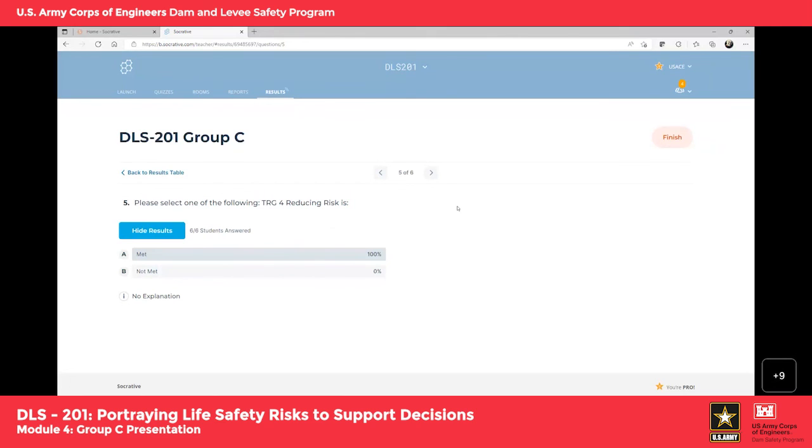Okay. So this one's a little bit interesting, though, because we've effectively said in TRG1 that they haven't reduced risks as low as practicable because there's more we could do on the consequences side regarding risk communication and developing that awareness of potential consequences of the downstream population.